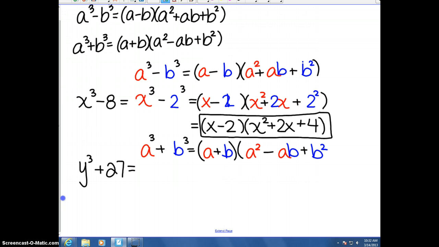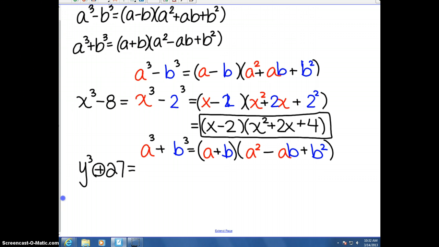Overall, they have the same pattern to them. I'm going to have an a plus or minus b out in front. I'm going to have an a squared plus or minus ab plus b squared in the expression. Those aren't going to change. What's going to change are the signs, and that depends on what the sign is in the problem.